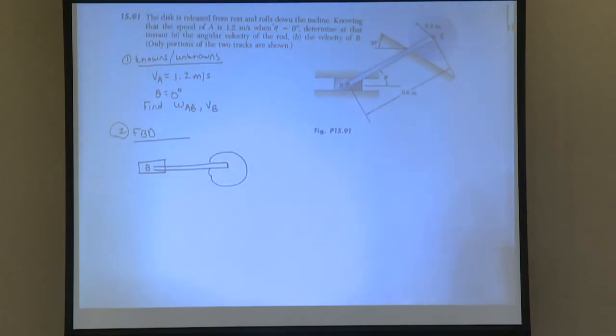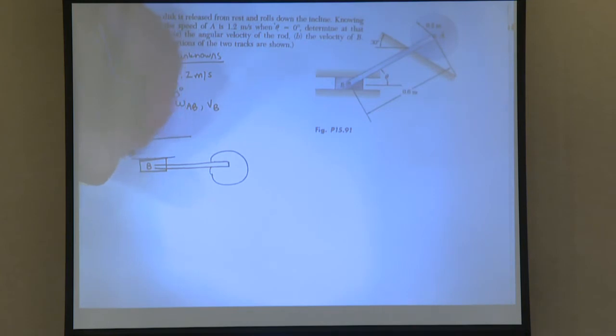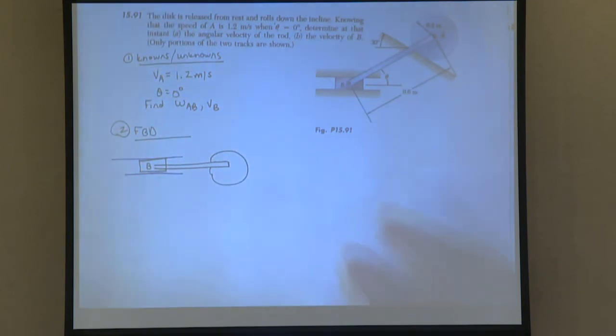So when theta is 0, I'm going to have the piston B, and then it's going to go like this. And attach to the center of A. And so B is constrained to move only in the x direction, right? And then A keeps contact with that.